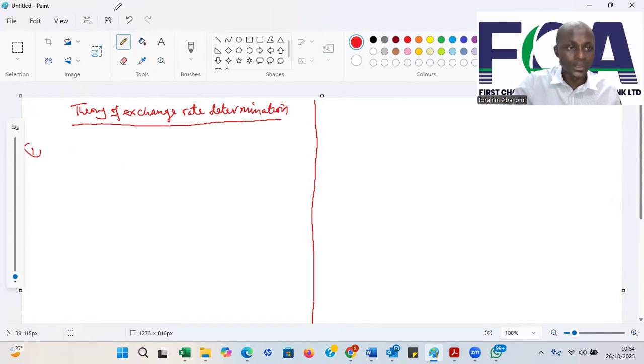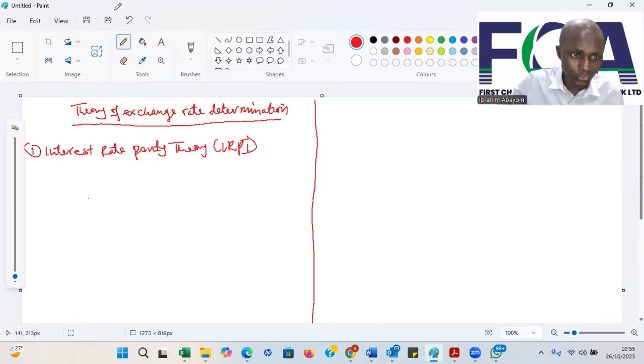So the first one, we say what? Interest rate parity theory. That is IRPT.